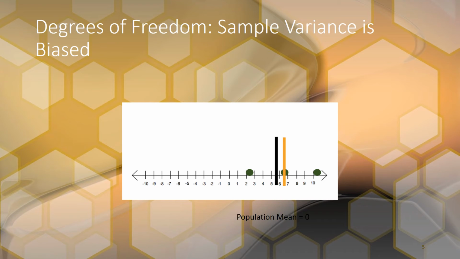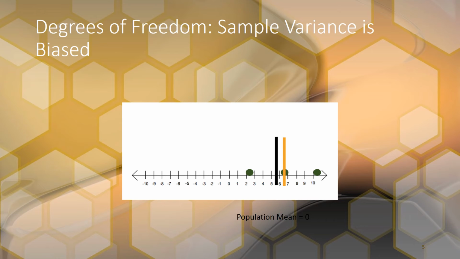And if we look at where the dots are in comparison to the two lines, we can see that on average they're closer to the sample mean line, that is the orange color. So -3 is actually closer to the 0, but you can see 1 is actually right on the sample mean line, and 5 is closer to the sample mean line.